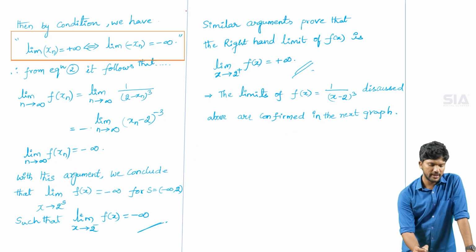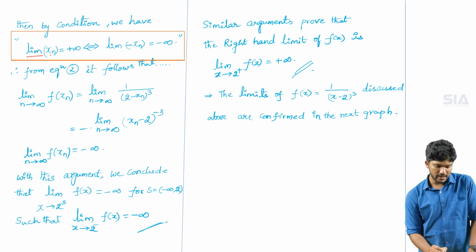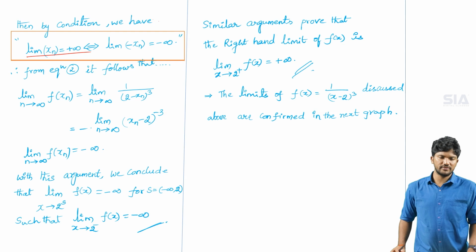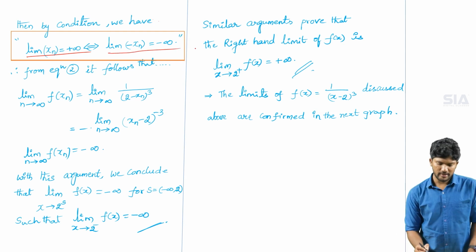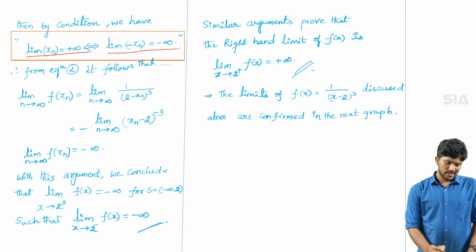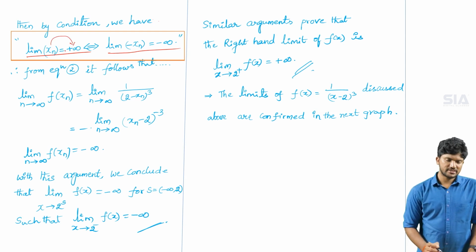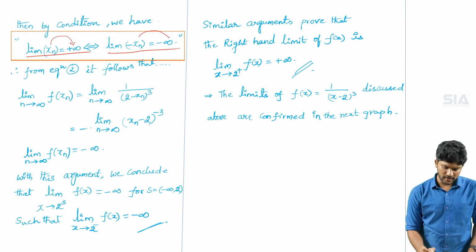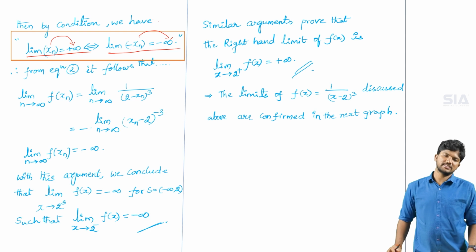Next, by condition we have limit x suffix n is equal to plus infinity if and only if limit minus x suffix n is equal to minus infinity. Whenever the limit of the given sequence diverges, if you apply the minus for that sequence, you will get minus infinity.